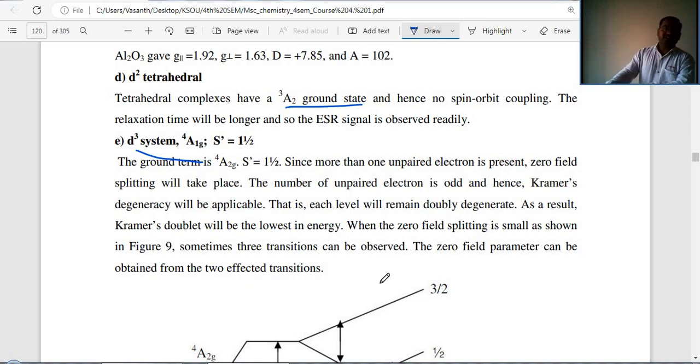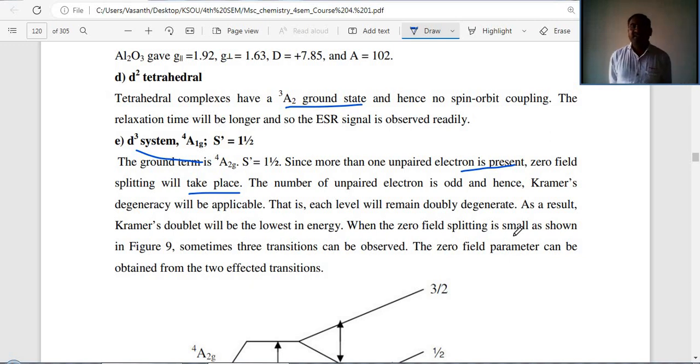The d3 systems in the ground state, the term is 4A2g, S is equal to 3/2. Since more than one unpaired electron is present, zero field splitting will take place. The number of unpaired electrons is odd and hence Kramers degeneracy will be applicable.